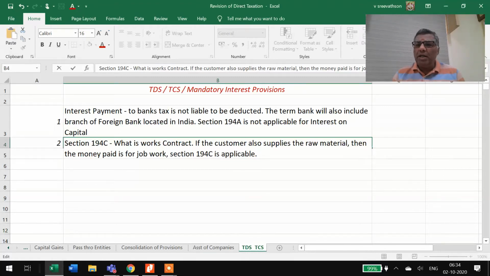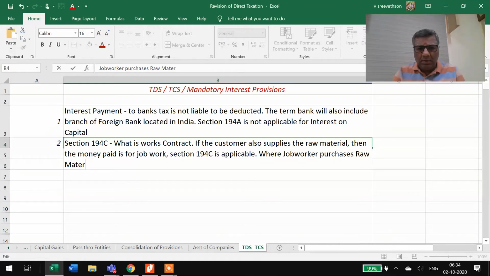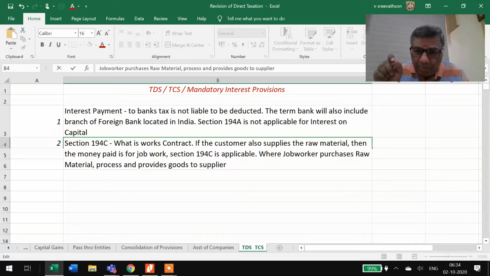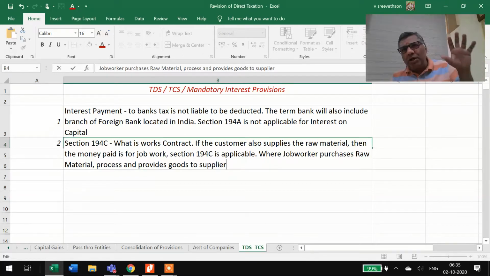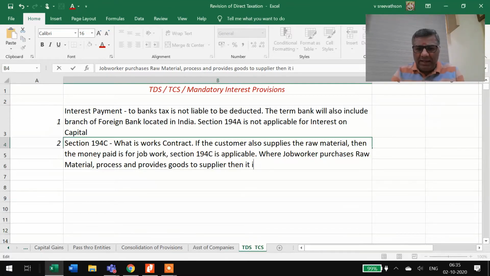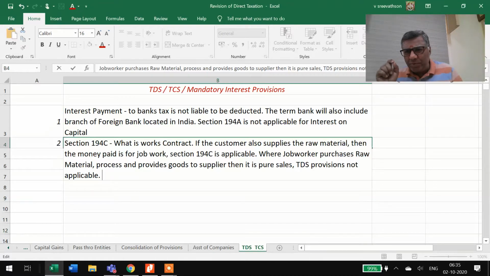Where the job worker purchases raw material, processes and provides goods to the supplier, then it is pure sales, and TDS provisions are not applicable.